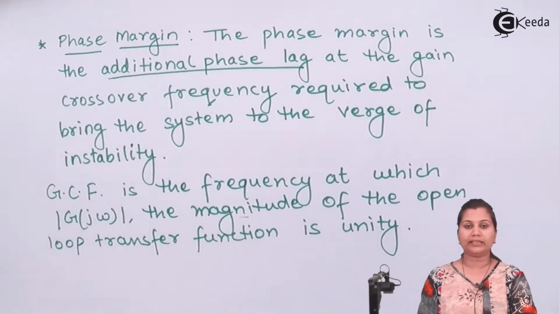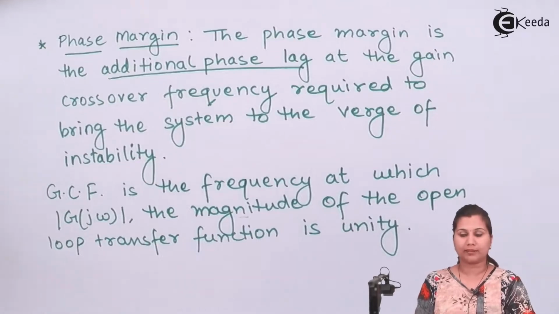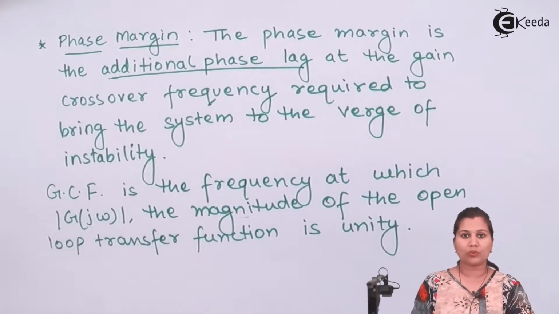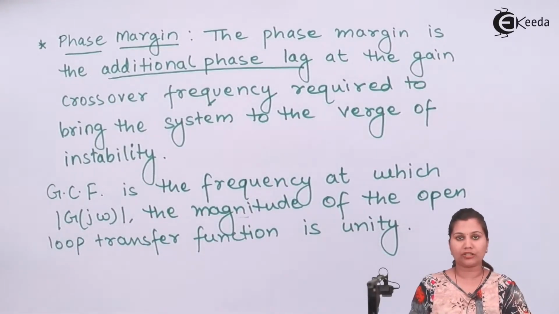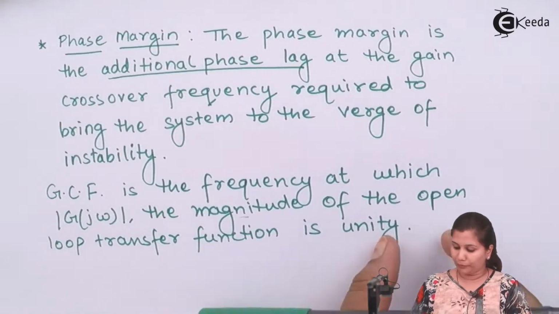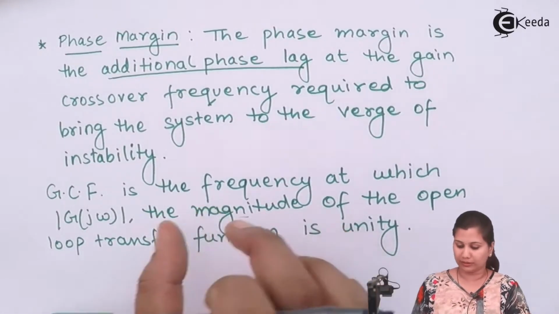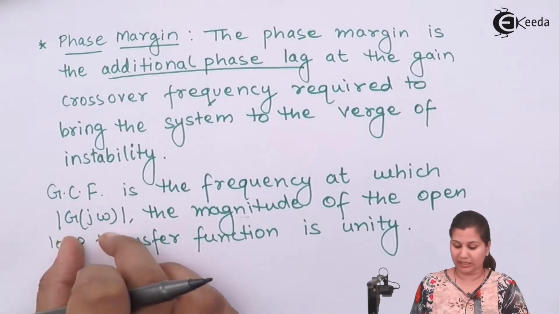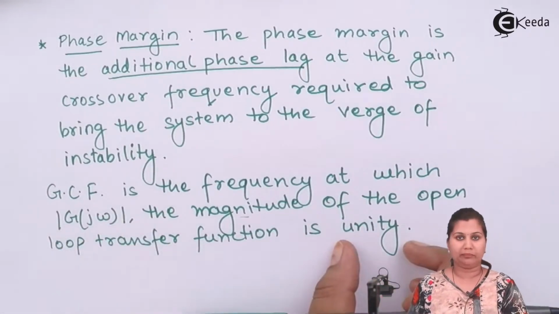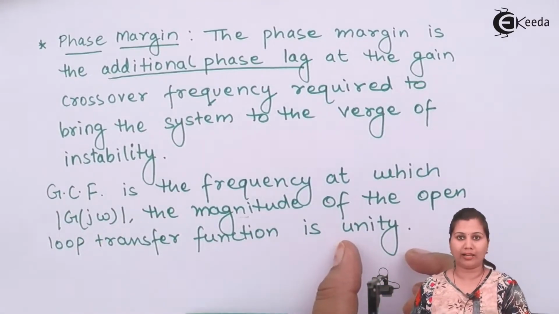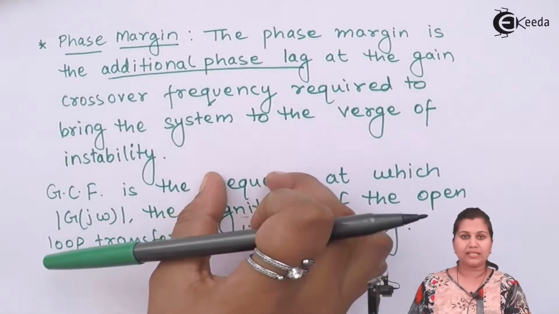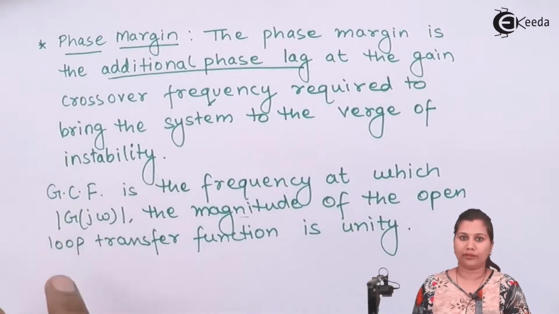When we calculate the transfer function of a system, G(j omega) comes out to be the open loop transfer function, and the closed loop transfer function is G(j omega) upon 1 plus or minus G(j omega) H(j omega). When the open loop transfer function magnitude, mod of G(j omega), is equal to unity, that frequency is known as the gain crossover frequency.